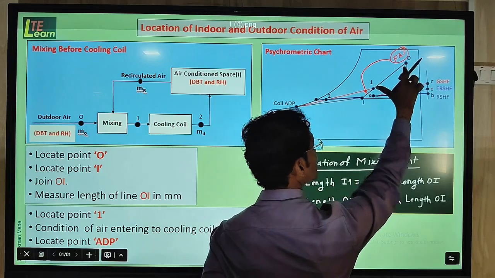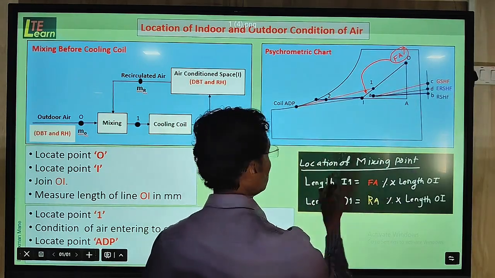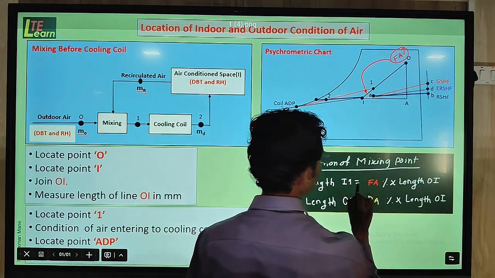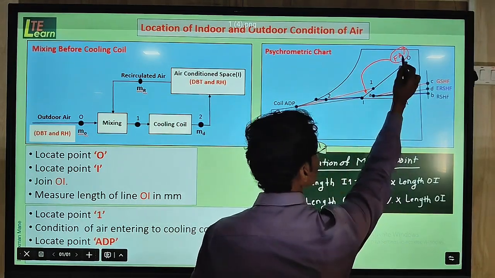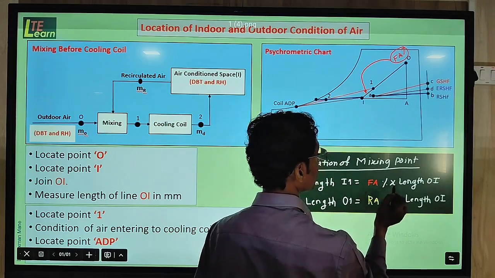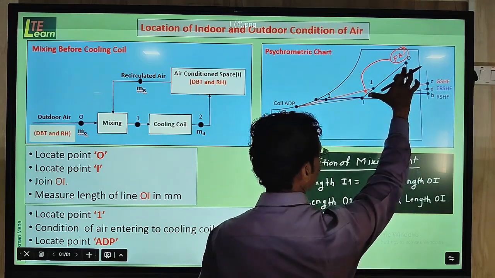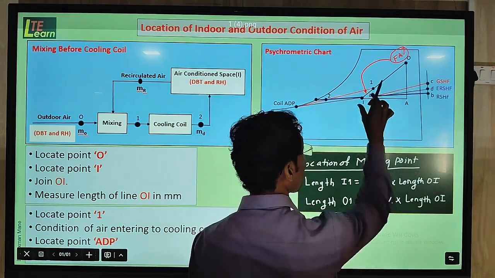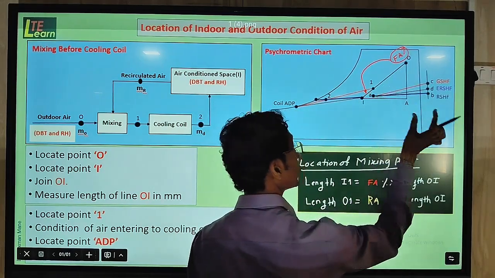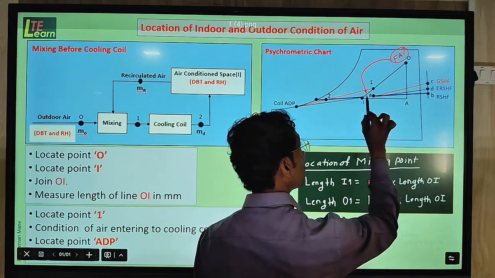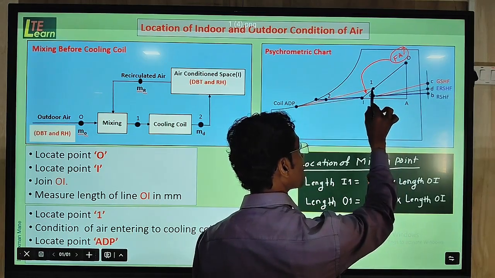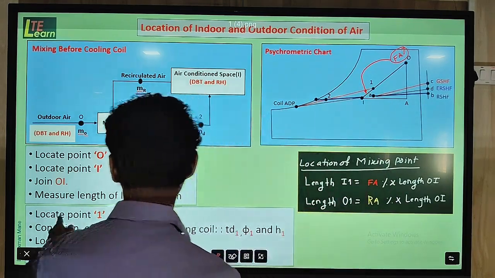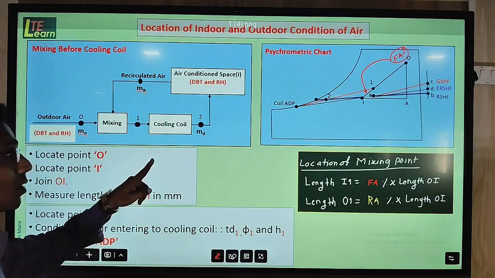With this concept we can find the length I1 is equal to the percentage of fresh air given multiplied by this OI length in mm that we measured. Then whatever I1 length we get in mm, we locate point number 1 from I at that distance. Thus we get point 1.